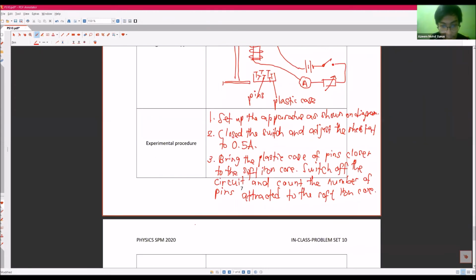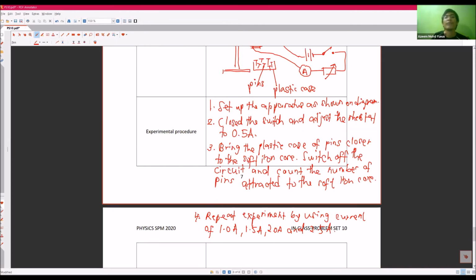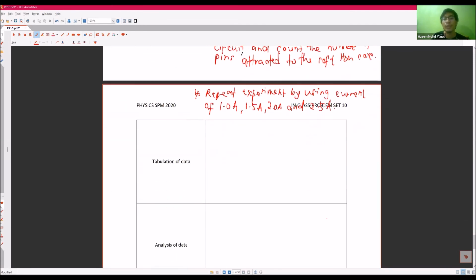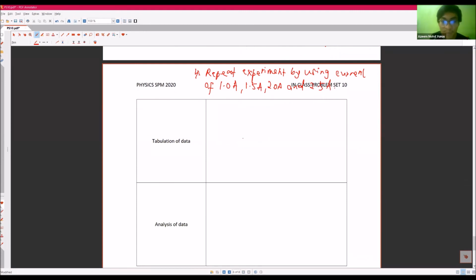Number 4, repeat the experiment by using current of 1.0, 1.5, 2.0 and 2.5 ampere. Okay. Tabulation of data.